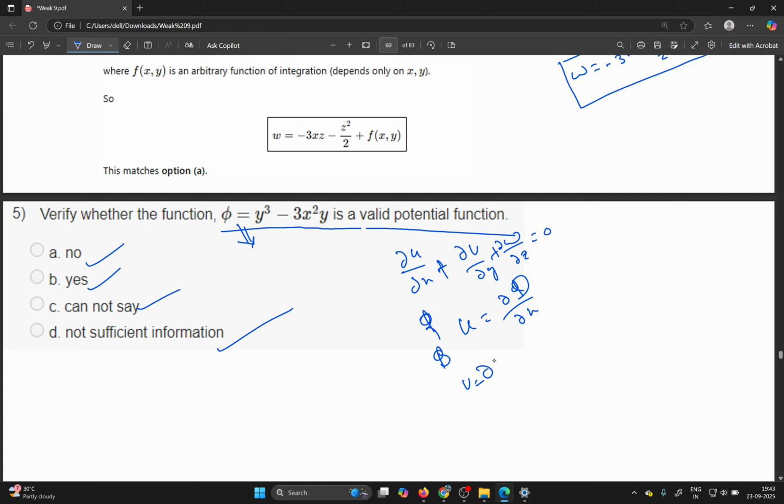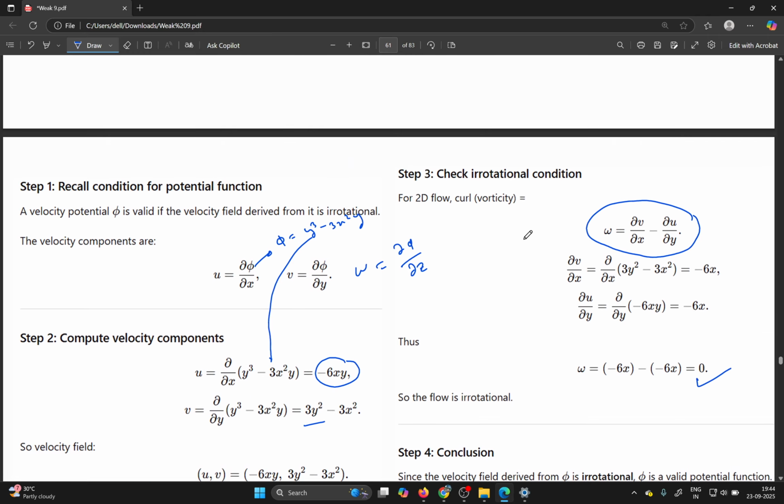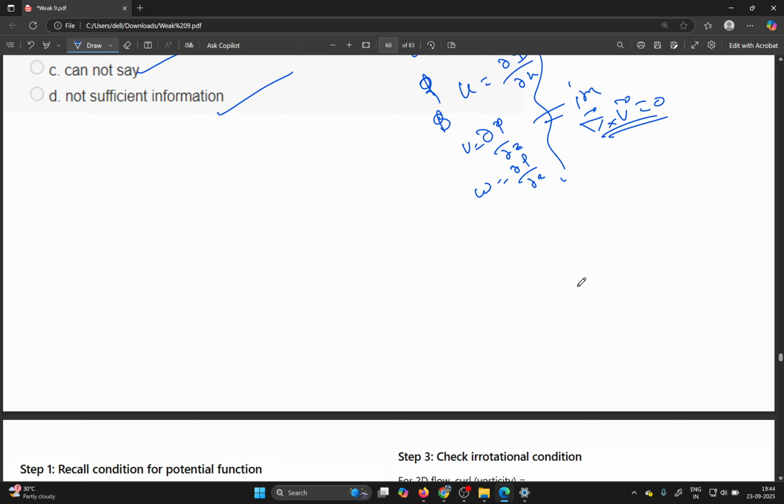So u is equal to del phi by del x, v is equal to del phi by del y and w is equal to del phi by del z. You can write these only for irrotational flow, meaning your curl should be 0. So for checking, we need to check whether the curl is 0 or not, or how you will write the curl in 3 dimensions.